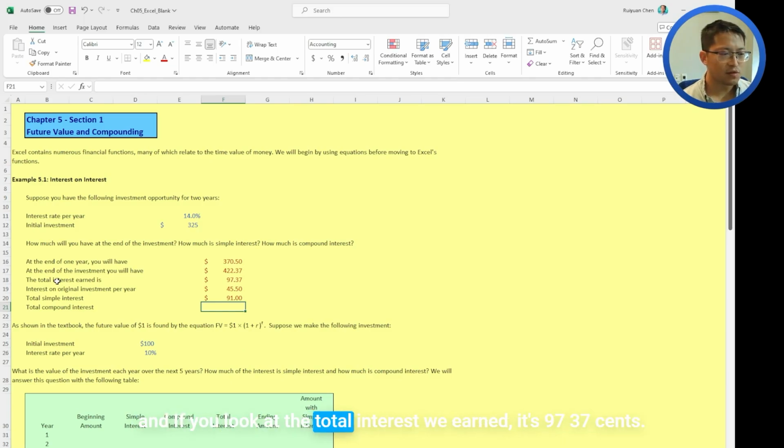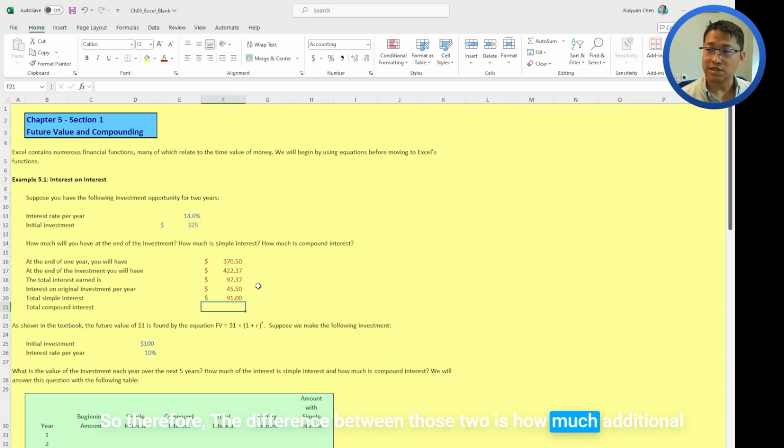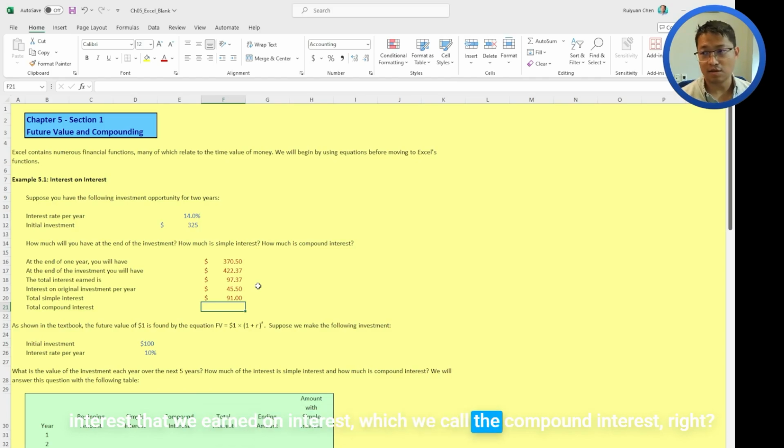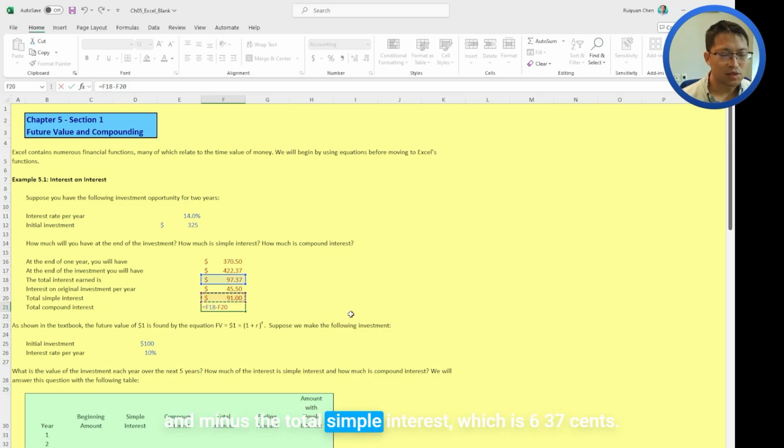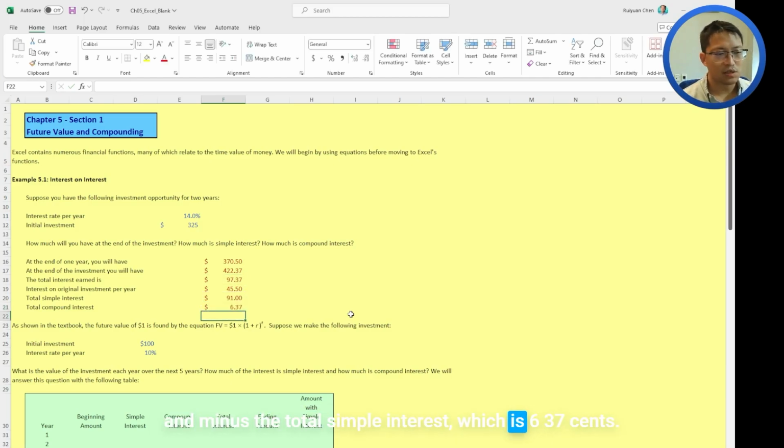And the total interest we earn is $97.37. So the difference between those two is the additional interest that we earned on interest, which we call the compound interest, right? It is the total interest minus the total simple interest, which is $6.37, right?